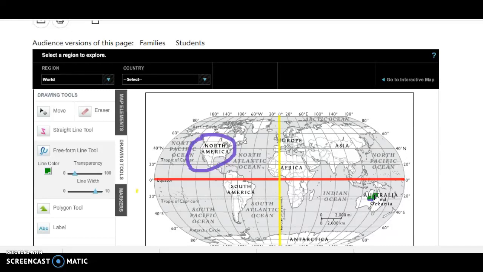So we'll start with latitude. So here's the 0 degrees at the equator. The next line down is where the green dot is, and that's 20 degrees. Because it is below, or south, of the equator, we call that 20 degrees south.